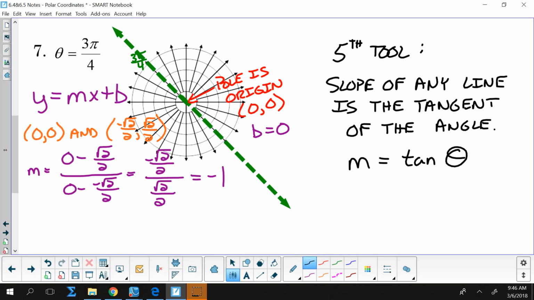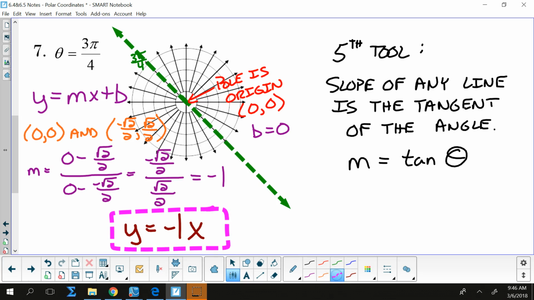So the slope is equal to the tangent of your theta. So the rectangular equation of this line is y equals negative 1x. Really, it's negative 1x plus 0, but we don't write that plus 0.